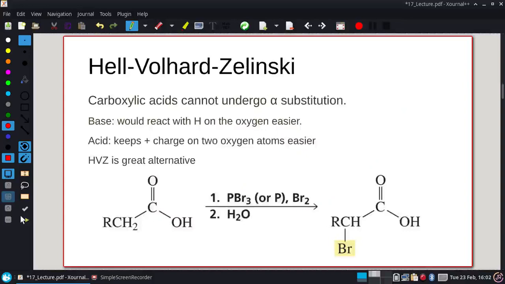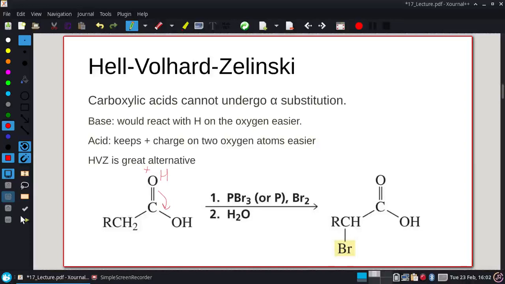All right, next little neat thing we're going to do is we're going to replace an alpha position on a carboxylic acid. Now, I can't do a substitution of the alpha position the same way, because if I actually try to use acid to catalyze it, I just end up protonating up here, and we move our double bond back and forth, and no reaction happens.